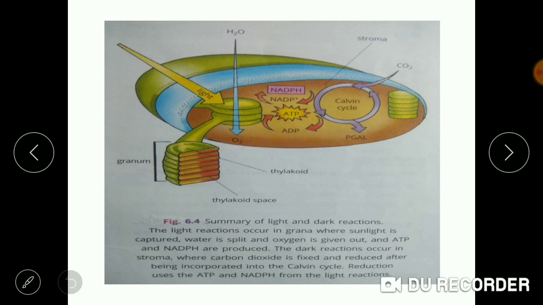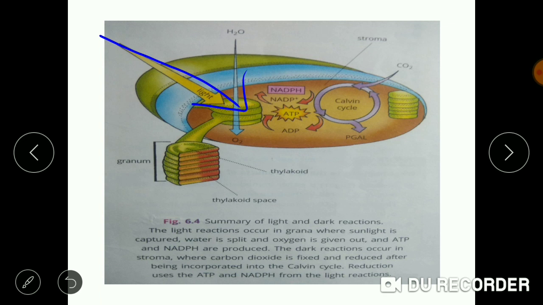Firstly, during the light reaction, photons of light fall on the thylakoid of grana, and as a result the chlorophyll molecules present in the thylakoid get excited, and in return they release electrons.